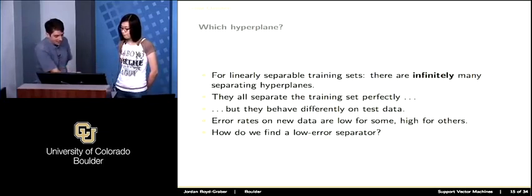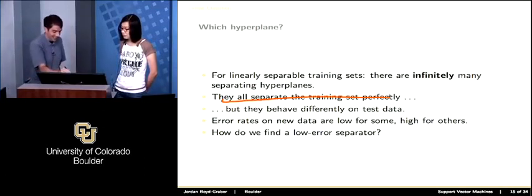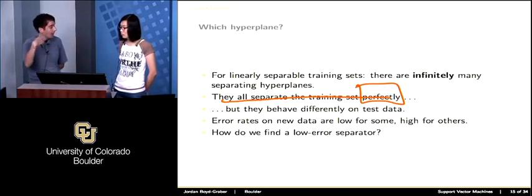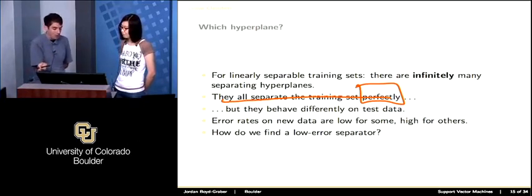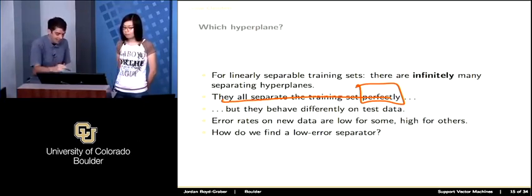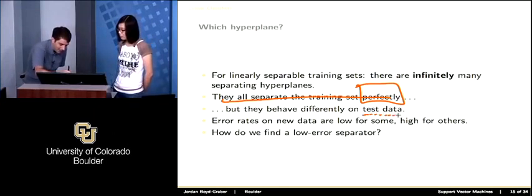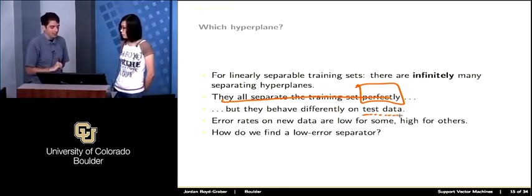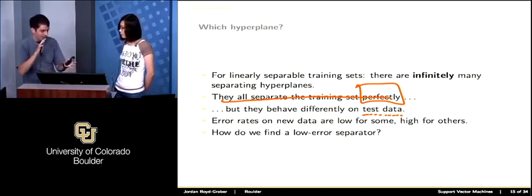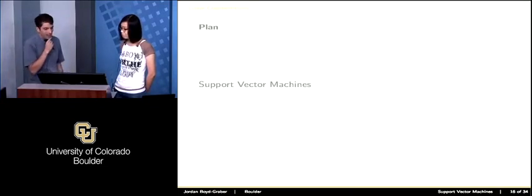And in many cases they will all separate the training set perfectly, and so they all get 0 training error. So how do you choose which one? And you don't know a priori how they'll do on test data, but presumably you want one that will do well on test data. Okay, so this is the intuition of support vector machines. Does the setup make sense about the question of how you choose a hyperplane? Yeah. Okay, all right.